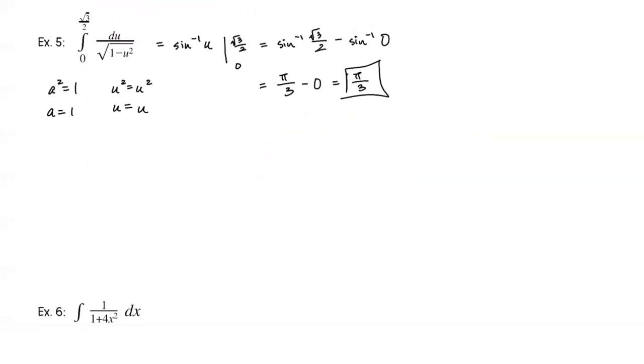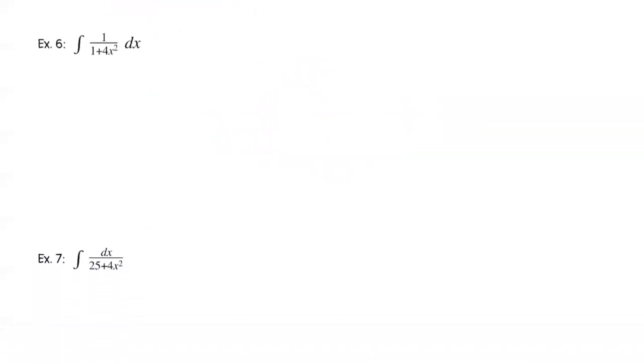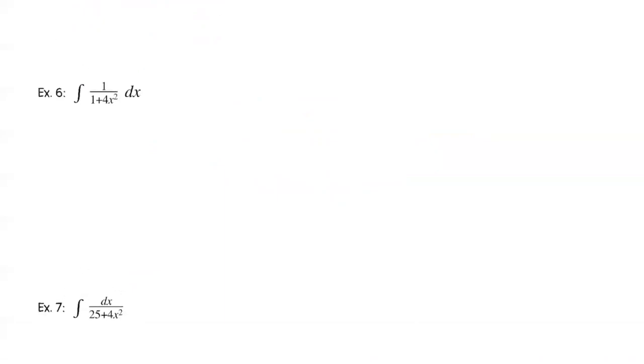All right. So let's shift gears a little bit, and we're going to take a look at some that don't have the square root on the bottom. In fact, they have more of an a squared plus u squared situation. And so based on that, what trig function are we thinking might be the result for something like example 6?